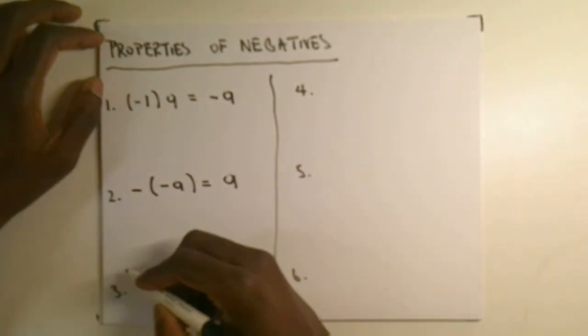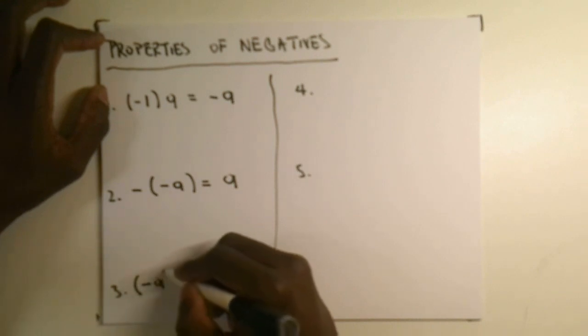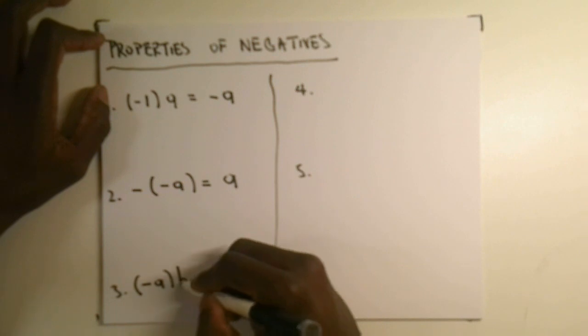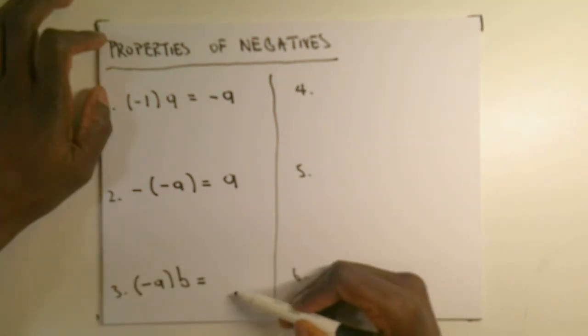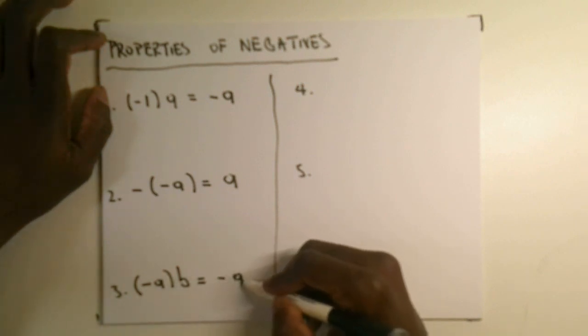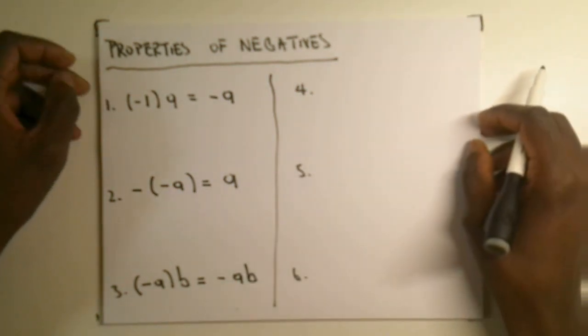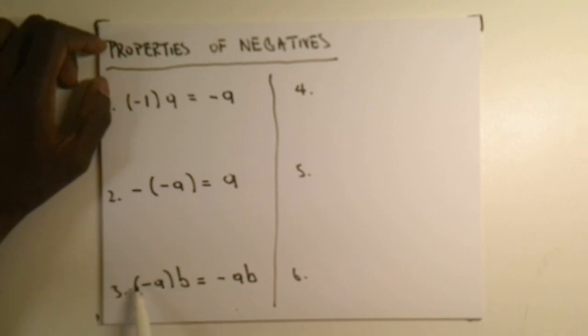Let's look at number 3. So if I have negative a as my first value and I multiply that times, let's say, another number b, then this will make both of them negative, right? So if you have one of the variables being a -a, you multiply that times another variable b, it will change the sign of both of them once they're multiplied together.